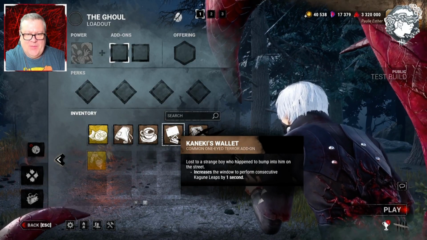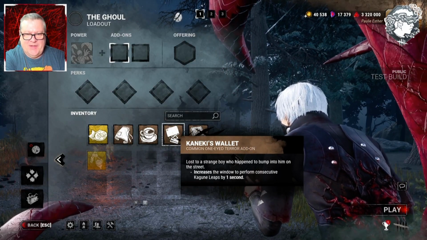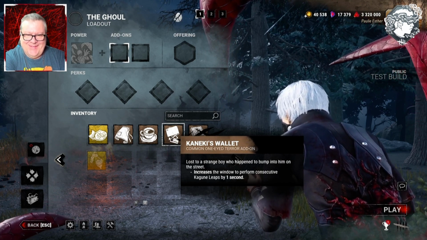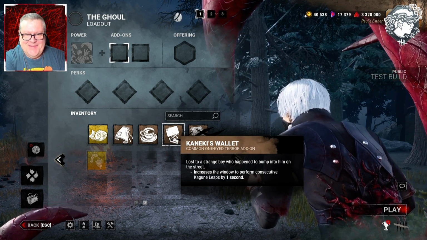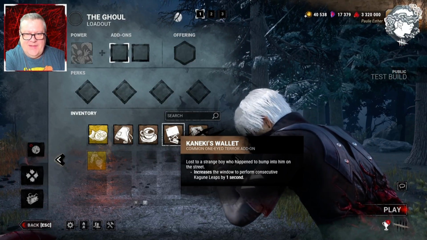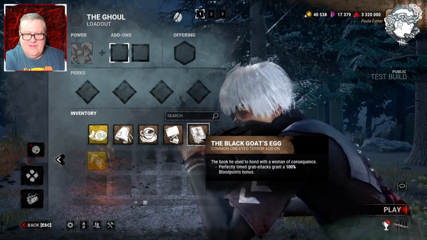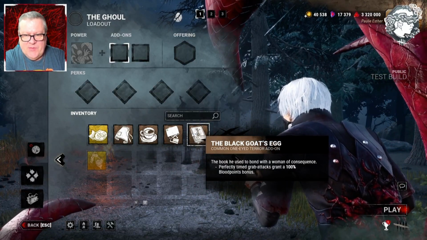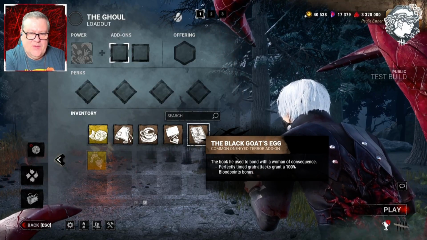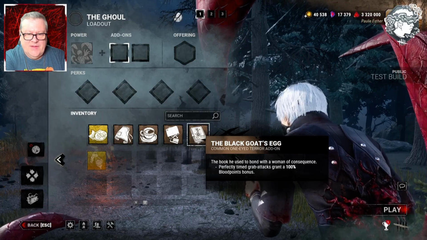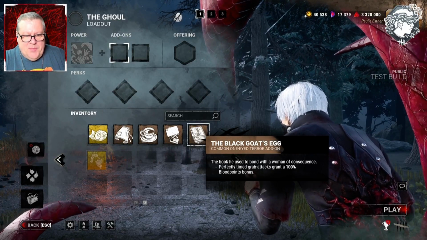It's kind of a humorous moment where he gets pickpocketed in the series. And then finally, the last one is the book. The book he used to bond with a woman of consequence. Perfectly timed grab attacks grant a 100% bonus in blood points.